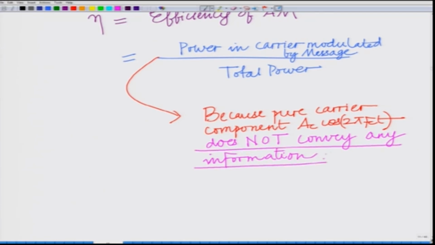The information is contained in the message signal m(t). Therefore, the pure carrier is only being transmitted to enable envelope detection, alright. That is the reason why the carrier component is being transmitted, alright.